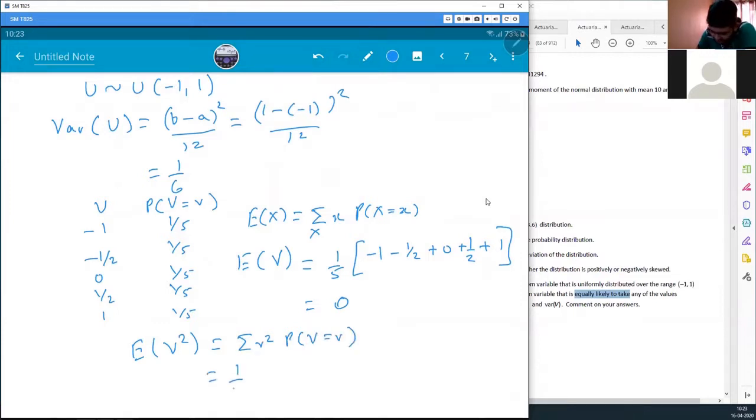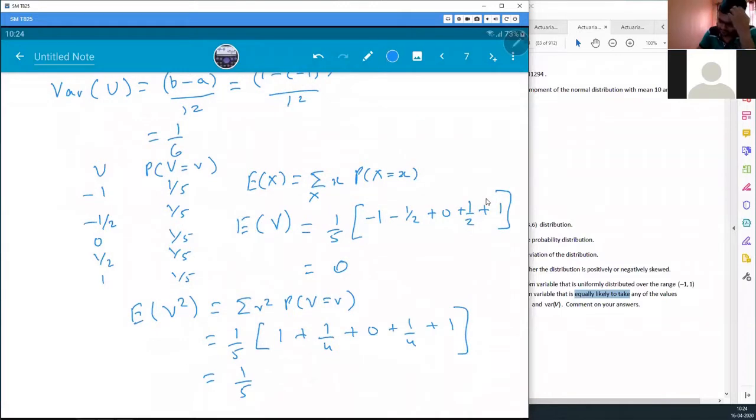For that 1 by 5 again comes out, and we'll have minus 1 square will be 1, plus 1 by 4 plus 0 plus 1 by 4 plus 1. That is two and a half, so this is 2.5. 2.5 by 5, we are getting 1 by 2.